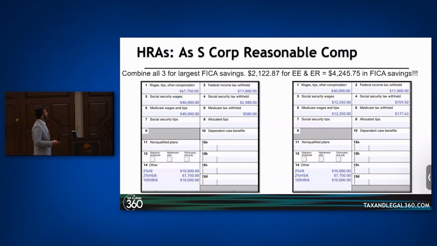That's $27,750 that you don't have to pay Social Security and Medicare taxes on. So that's a savings of $4,245 each and every year, assuming on average you have $10,000 in medical expenses to reimburse. And I would really encourage you guys, you might be thinking to yourself, oh, $10,000 a year, I don't have all that. But hey man, the chiropractor, you know, that adds up.